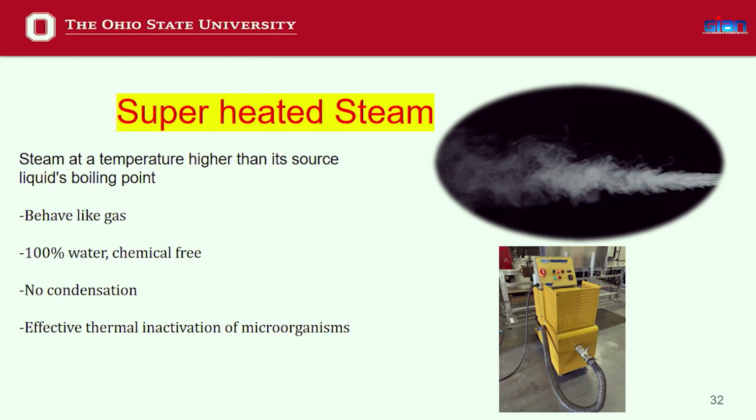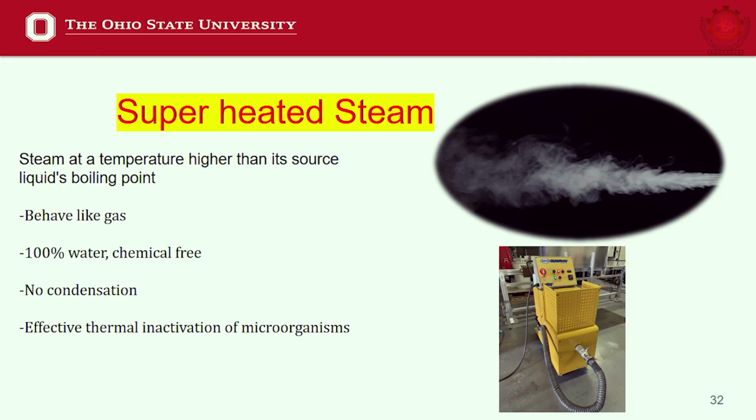Dry sanitation in food processing plants is still an active area of research, because no solution has been found yet. In superheated steam, you take water and make steam, and then you heat it further. Water boils at 100 Celsius, then you heat it further to say 250 or 300 Celsius, so the steam turns into water vapor.